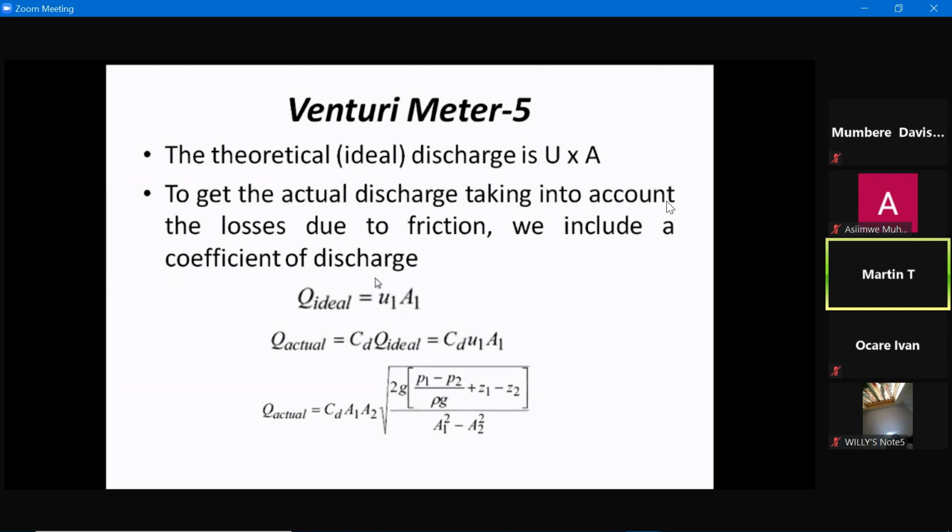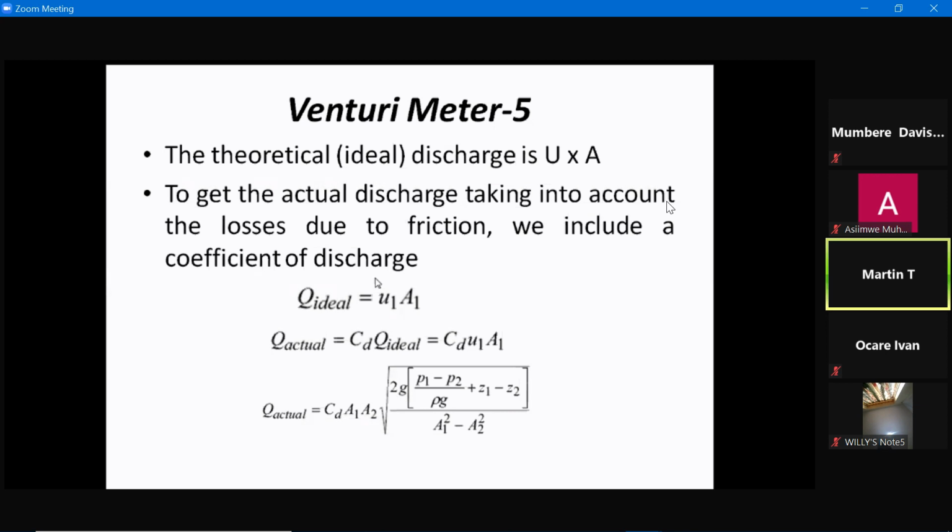Then A2 is the cross-section area at the throat, at that smallest diameter of the venturimeter. That is the A2. Now P1 and P2 can be measured. But you see, P1 minus P2 is the pressure difference.